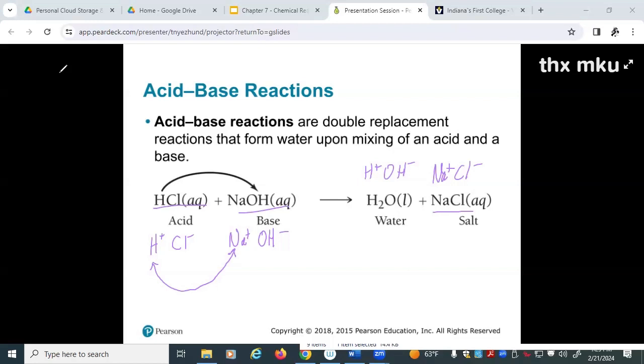Going back to the concept of balancing here, why is it important to think about these things in terms of ions instead of just elements? Well, if I can recognize that my ions are not changing, it becomes a lot easier to keep track of them. So I can see that I have one sodium ion on each side.